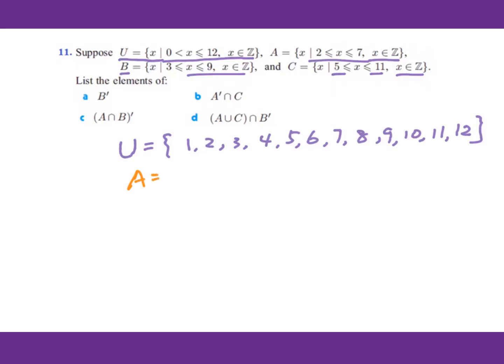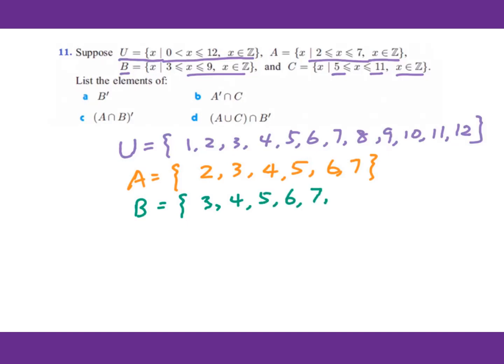For A equals 2, 3, 4, 5, 6, 7. For B equals 3, 4, 5, 6, 7, 8, 9. For C equals 5, 6, 7, 8, 9, 10, 11.